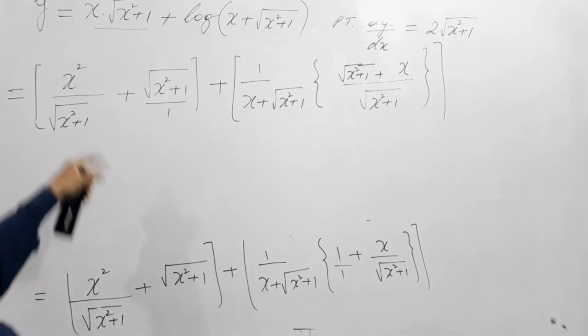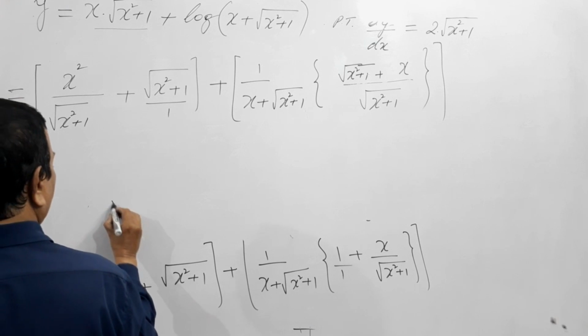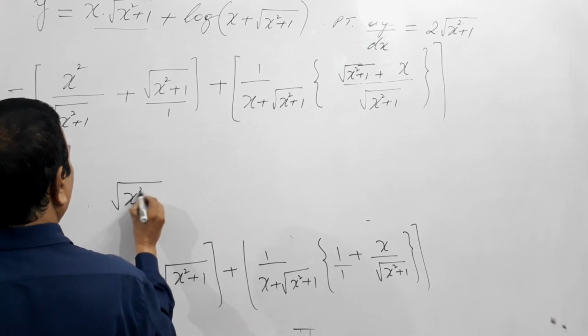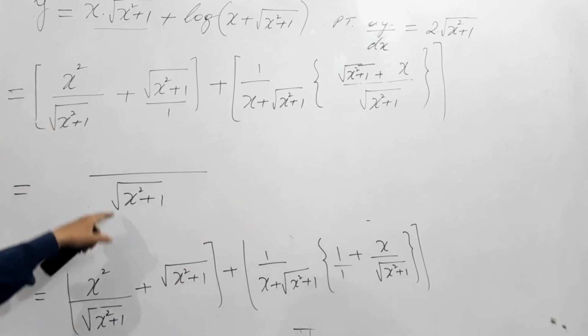So what I'll do? I'll take LCM here. That is equals to, under the root x square plus 1 is the LCM here. So it goes here one time.